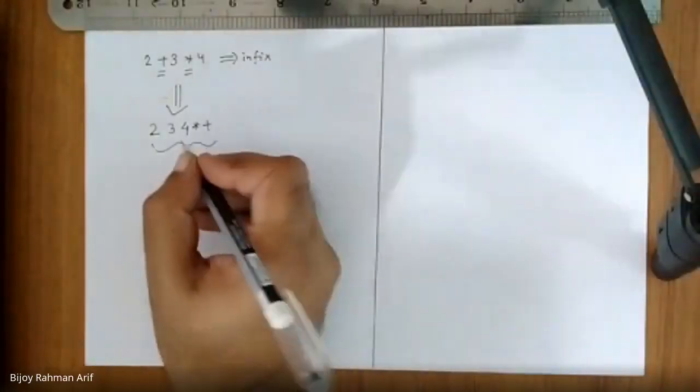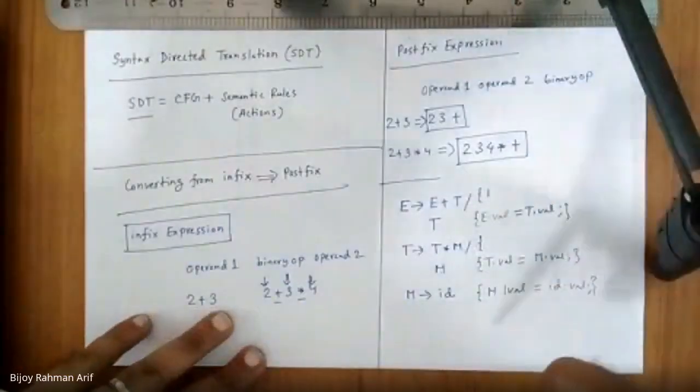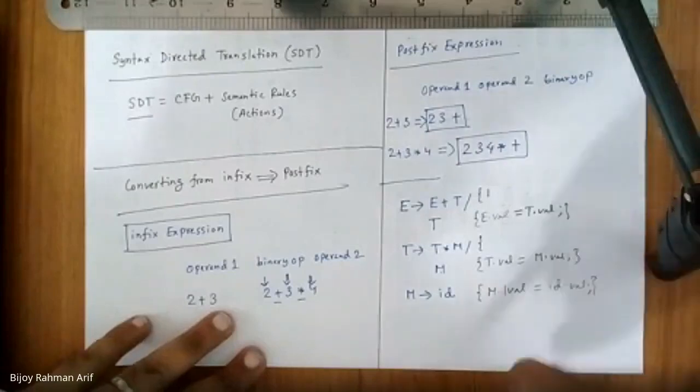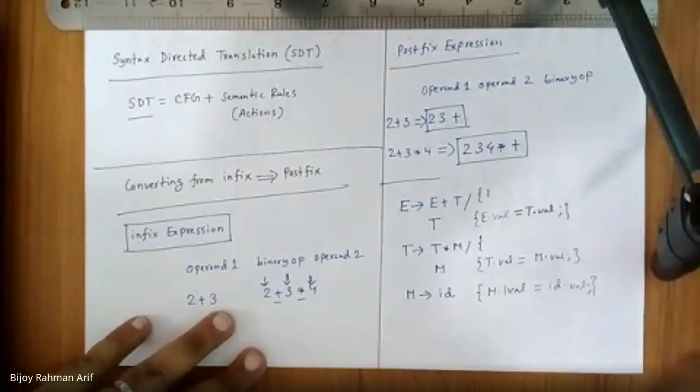Now, star in this grammar is already in a deeper position than plus. So definitely, that is going to be printed first. So what we are going to do?